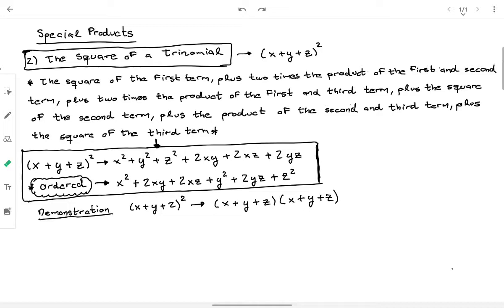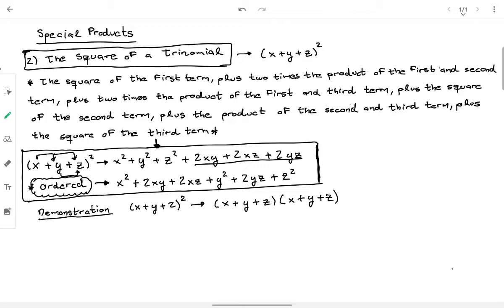That means x squared, y squared, and z squared, and 2 times all the combinations. In this case, we can combine x and y, we can combine x and z, and we can combine y and z. That's why we have 2 times every combination. So it's simple: it's every letter squared plus 2 times every combination.